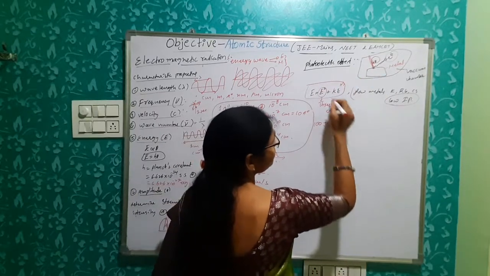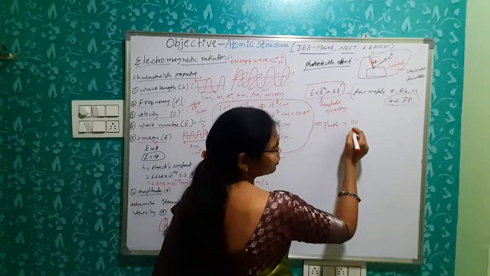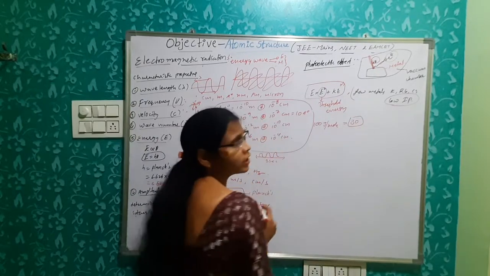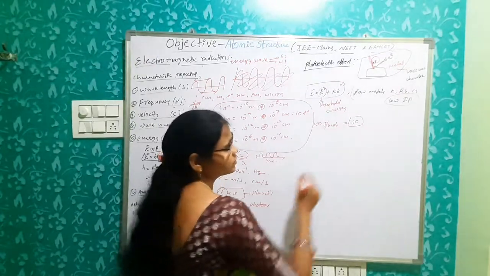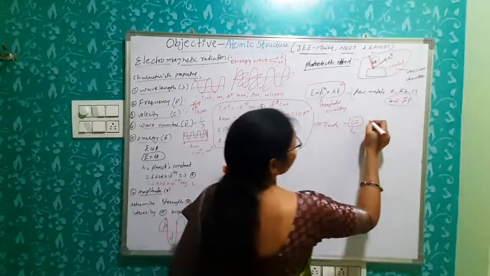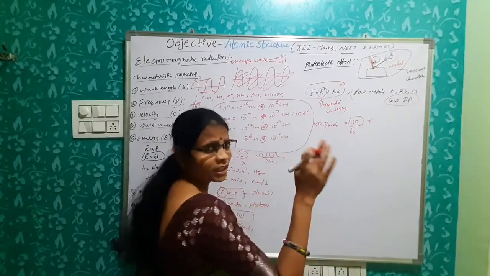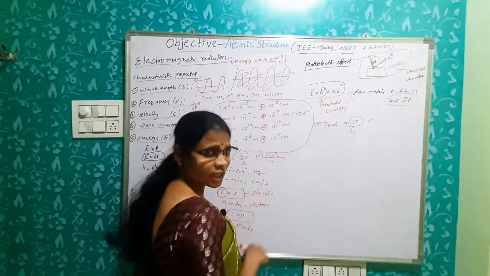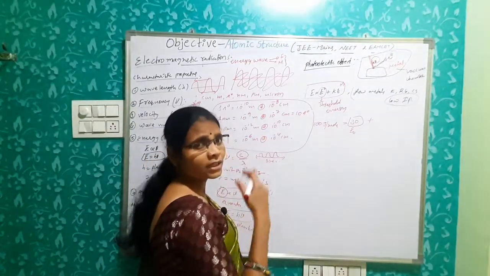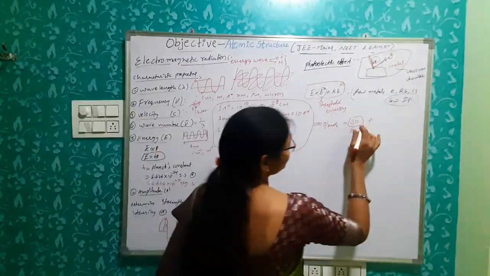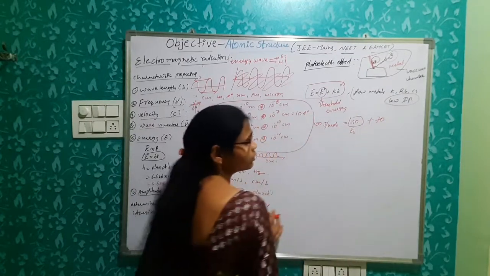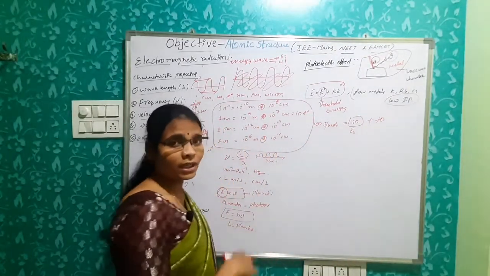Some of its energy, suppose 30 joules per mole, is used to eject electrons. That is the threshold energy. Okay. So the remaining energy is imparted to the ejected electrons as kinetic energy. So the remaining energy, 70 joules per mole, is given to the ejected electrons as kinetic energy.